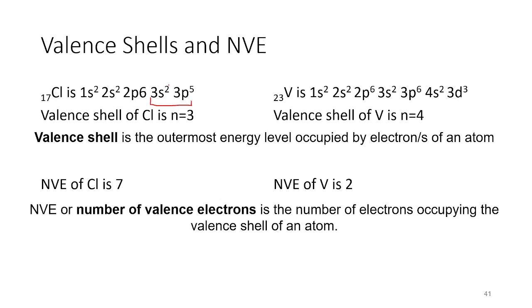Why 7? Because we have here 2 plus 5. That's why it's 7. For vanadium, we have here 2 electrons for its valence shell, because we have here 2 for 4s. Okay?